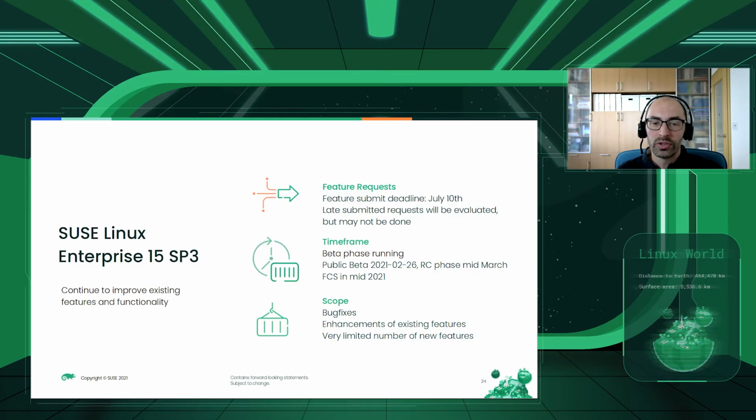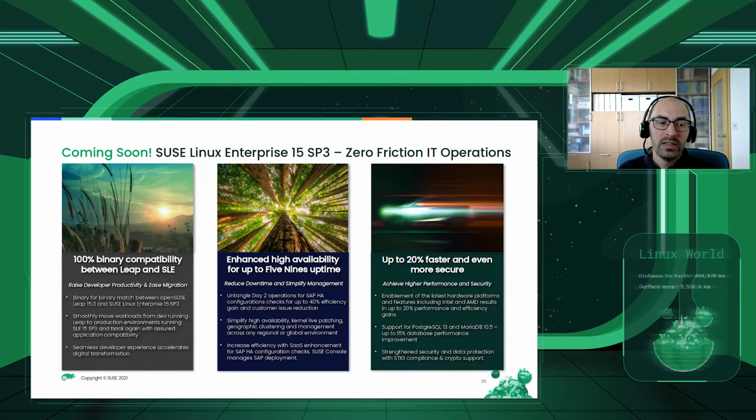However, a lot of features have ended up in that release too, despite it not being the refresh one. We try to enable our customers to use new versions of the software and expose the new hardware using the enablement. So a little sneak peek into what will be in 15 SP3.